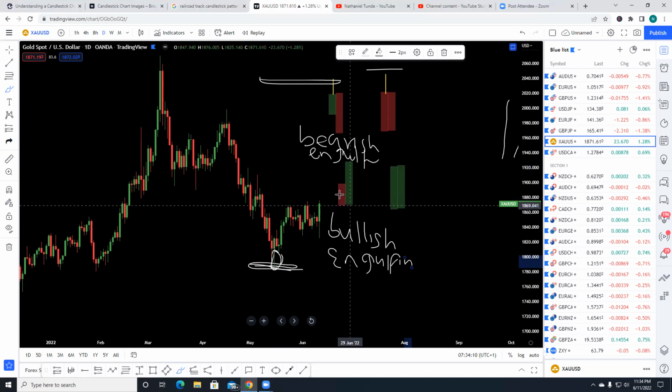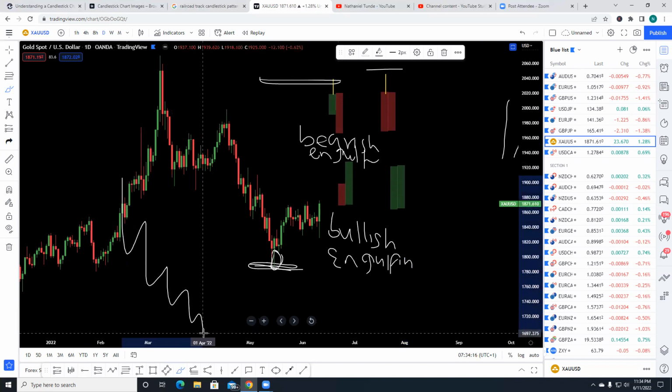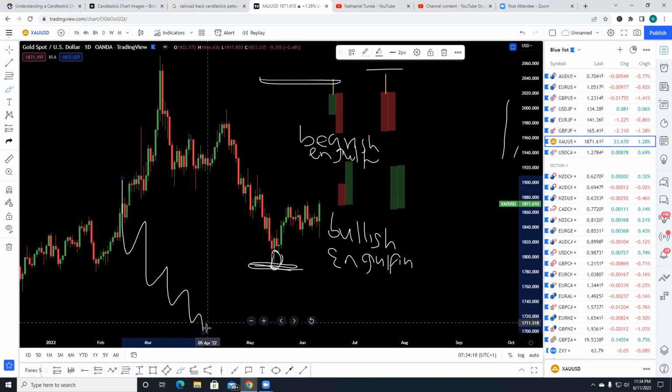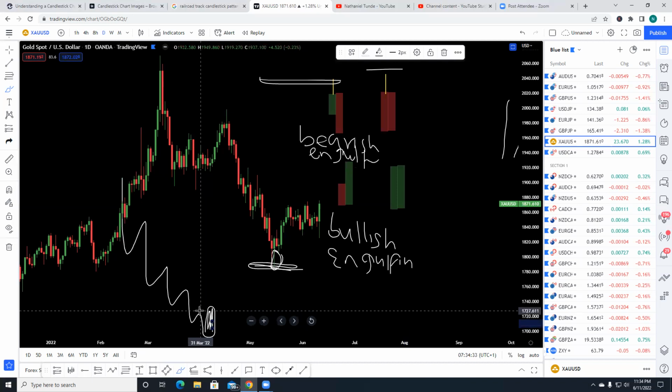So, can you see? The market was making a downtrend. This candle appeared, and all of a sudden, another candle appeared like this. Can you see? This bullish candle appears here and totally covers up this red candle that is here.